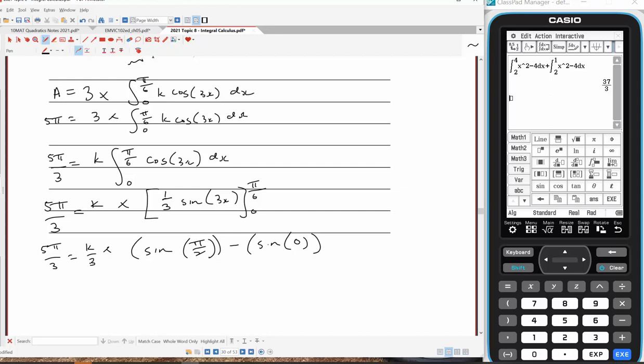Now when I multiply that by 3, that is just going to cancel out the 3s. All right, so sine of pi on 2 is going to be 1, take away sine of 0 is 0. 5 pi equals k. So k is actually 5 pi.